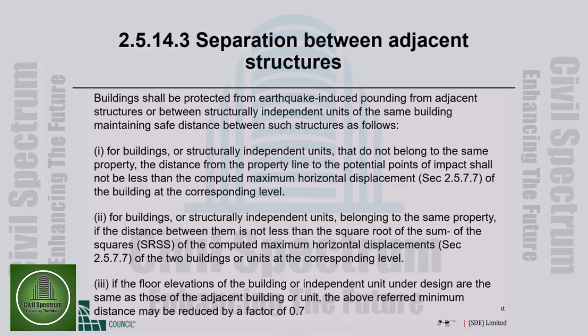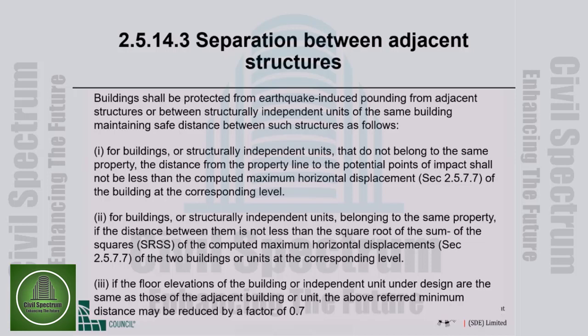And in the judgment of ACI 7-05, if the separation distance is the statistical sum of the computed deflections, then the damage would not be unacceptable.